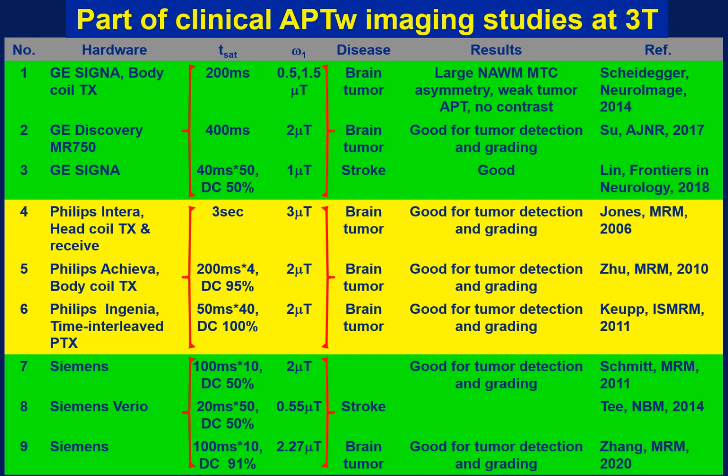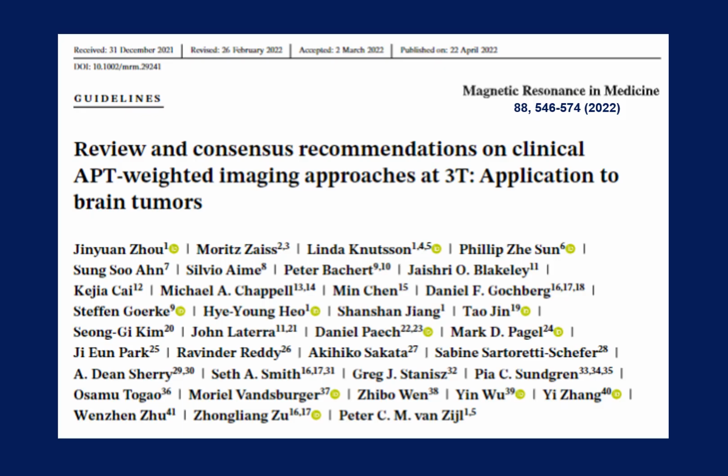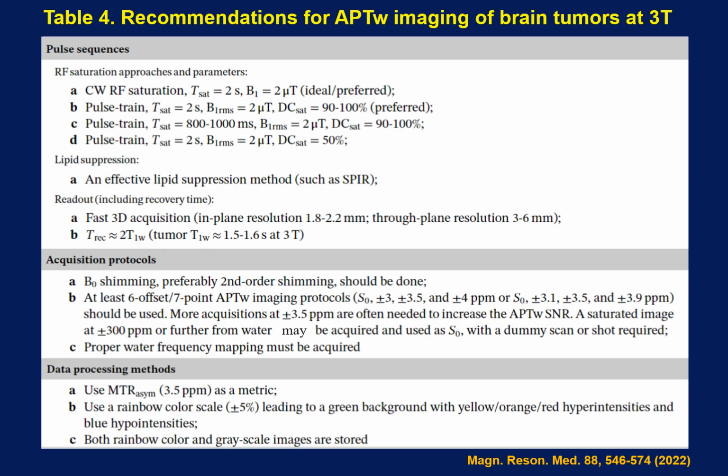So currently, it's very hard to compare the APT results between vendors and between labs. The leaders in the field have worked together to propose a consensus recommendation, published in a paper in 2022. And the very important thing is to use 2 seconds at 2 microtesla.